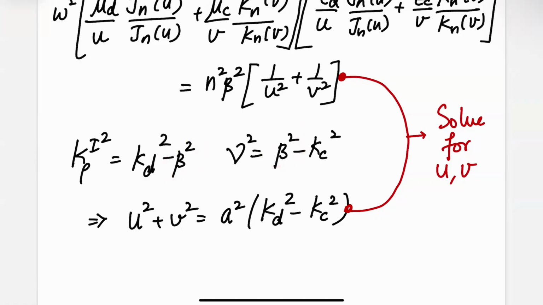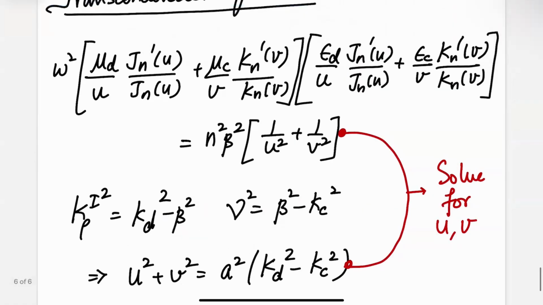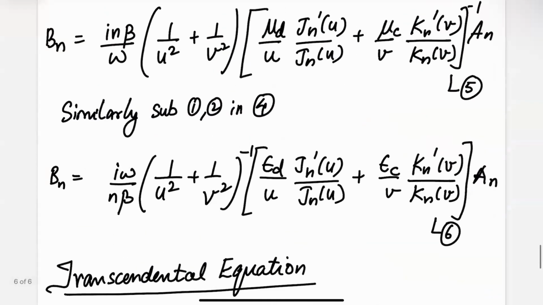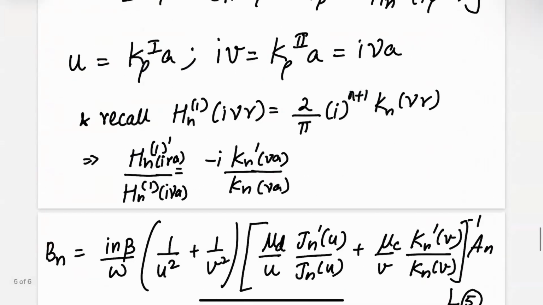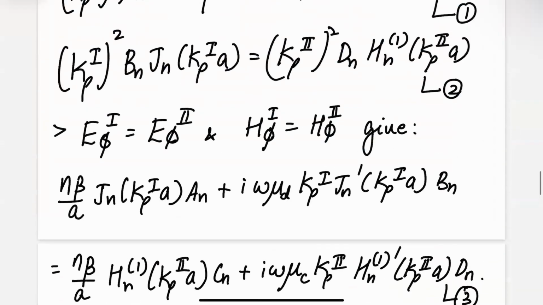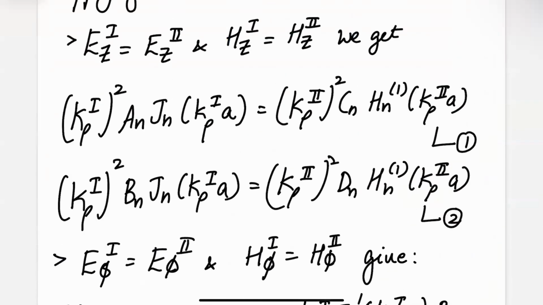And once we have beta, u, and v, then we can go back and substitute into these equations to get the ratios bn over an from either of these. Once you have bn over an, then you go back to 1 and 2, and then you can find cn over an, which is directly given from these equations, and dn over an. Okay, so you have all the ratios.